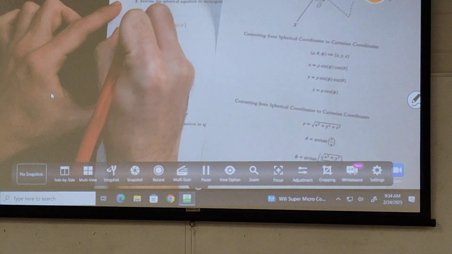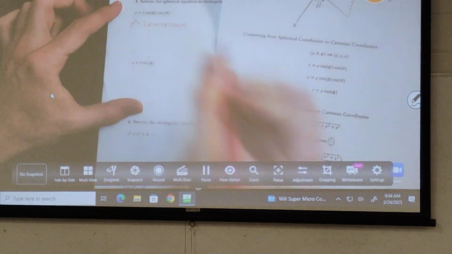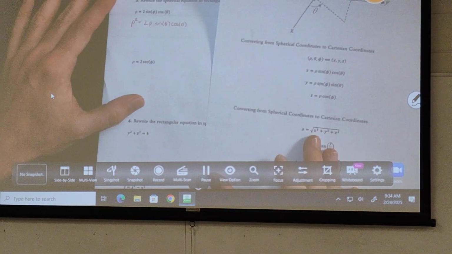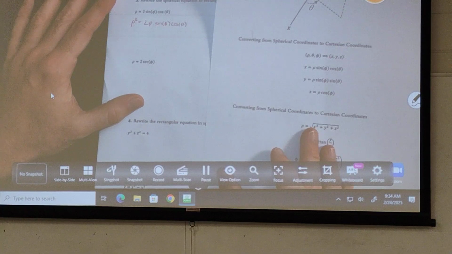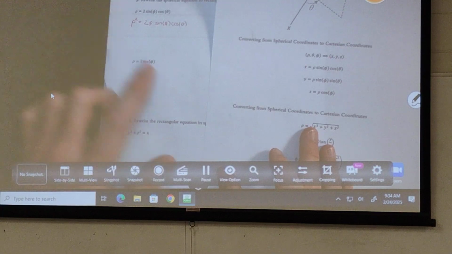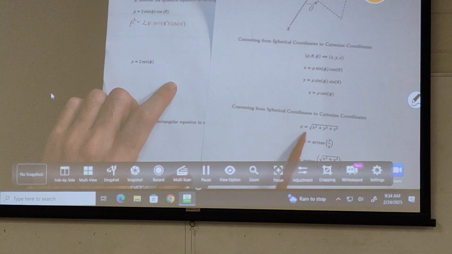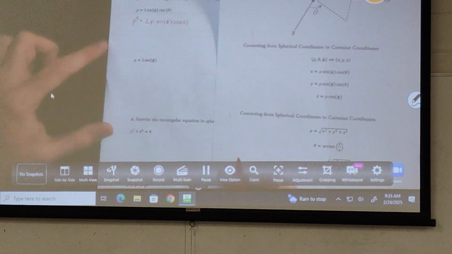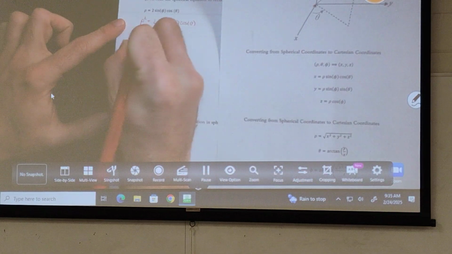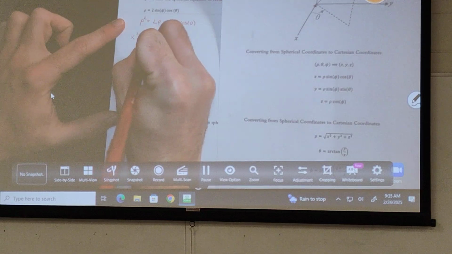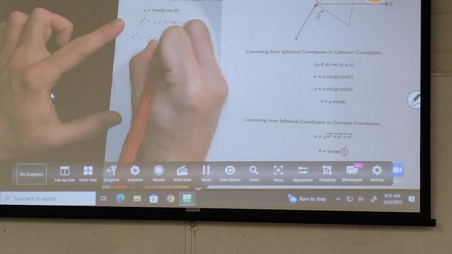And now I'm going to multiply the left-hand side by rho also, which gives me a rho squared. All right, now this is feeling pretty good. Because if rho was the square root of x squared plus y squared plus z squared, that means rho squared is x squared plus y squared plus z squared.